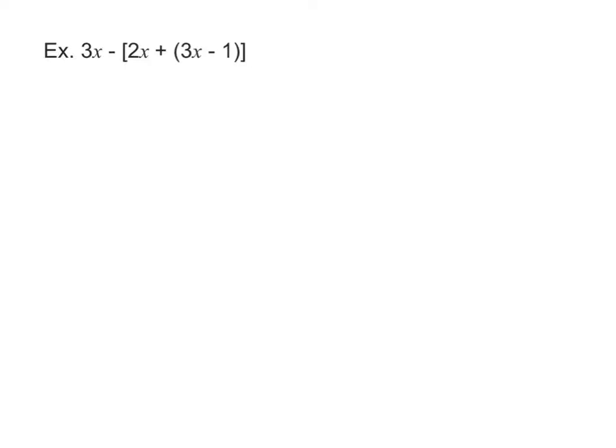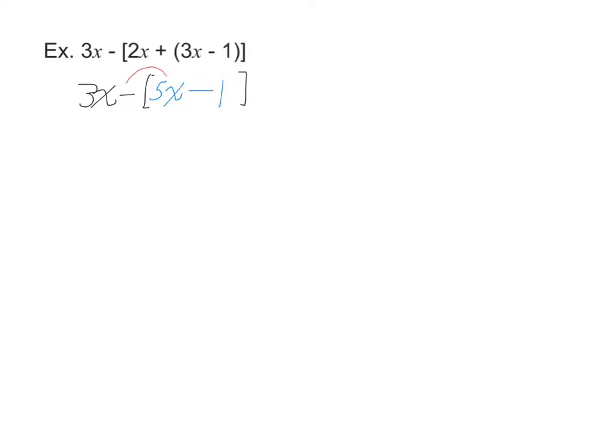I'll copy the problem down just as you see it. But inside these brackets, I'll do the simplification. In this case, I have 5x's minus 1. The brackets there act just like parentheses. So this is really a subtraction problem.